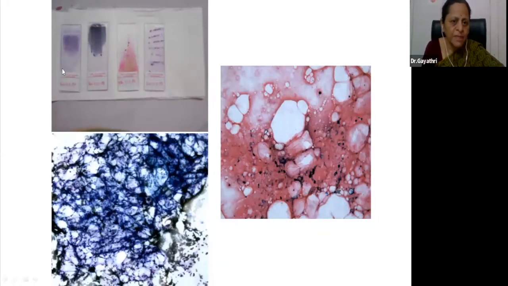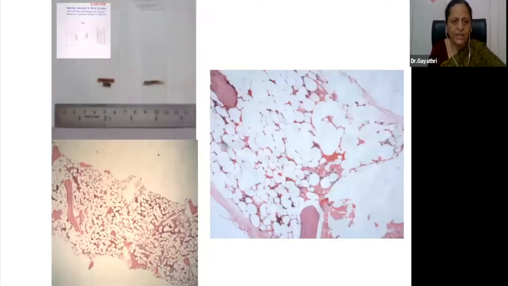A peripheral smear, a marrow aspirate smear stained with Romanowsky, marrow biopsy imprint with distinct core imprints, again for cytologic evaluation, and marrow aspirate for Perls staining. So this should be the minimum cytologic evaluation when you do a marrow examination.